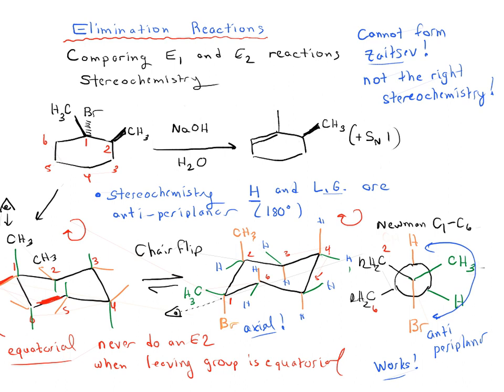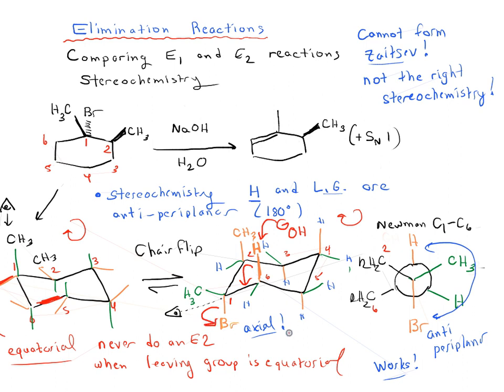So I know things are kind of crowded in here, but imagine, let's draw it in a little bit more bold. If I had my hydrogen, my base, let's say OH minus, can come in and take this hydrogen away. And notice that we've got this perfect anti-periplanar alignment between the hydrogen and the bromine.